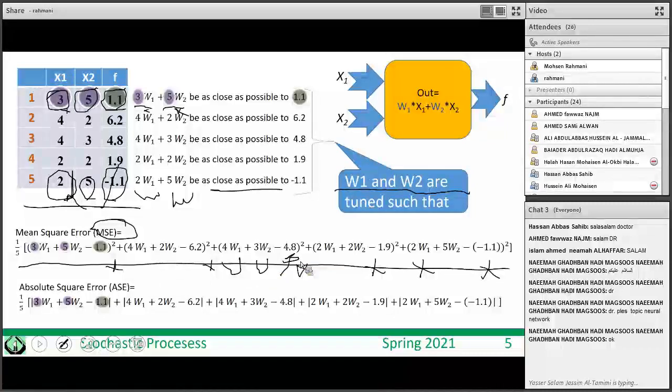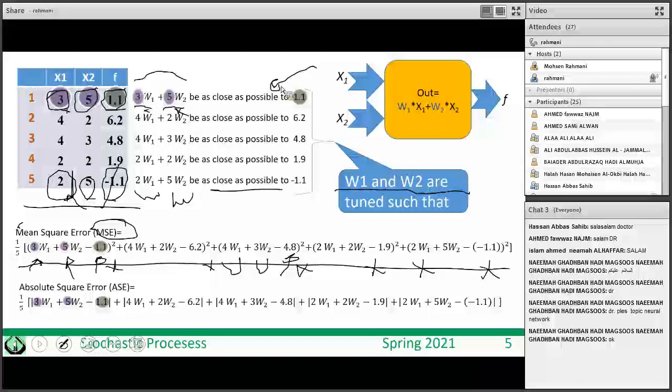And what does it mean again? It means that 3 times w1 plus 5 times w2 is close to 1.1. In other words, if we minimize this error, we can say that 3 times w1 plus 5 times w2 is close to 1.1.